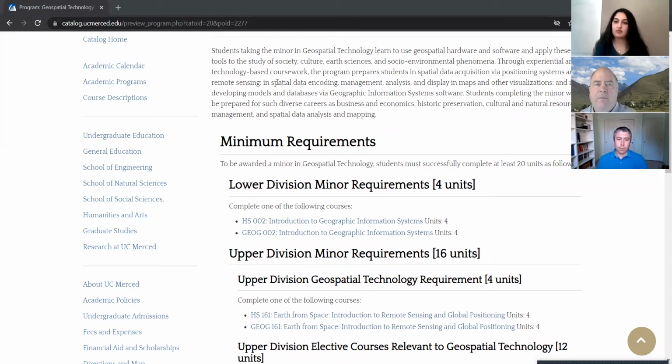Well, the demand for geospatial technology skills is widespread across all of the various employment sectors. People talk generally about the public versus the private sector, that there are two main areas of employment: you work for a private company, or you work for the government or a state government.